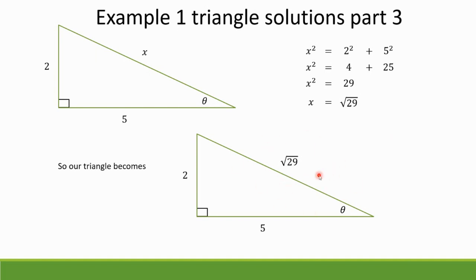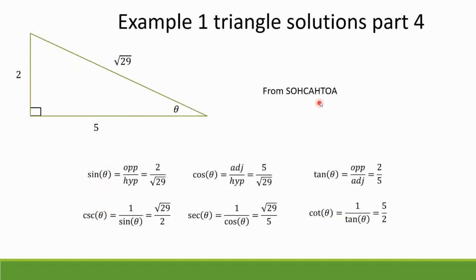All right, that's good. So from here, we can now get all the trig functions. Sine of theta, right? Opposite divided by hypotenuse. So the sine of theta is opposite, which is 2, divided by the square root of 29, which is the hypotenuse.